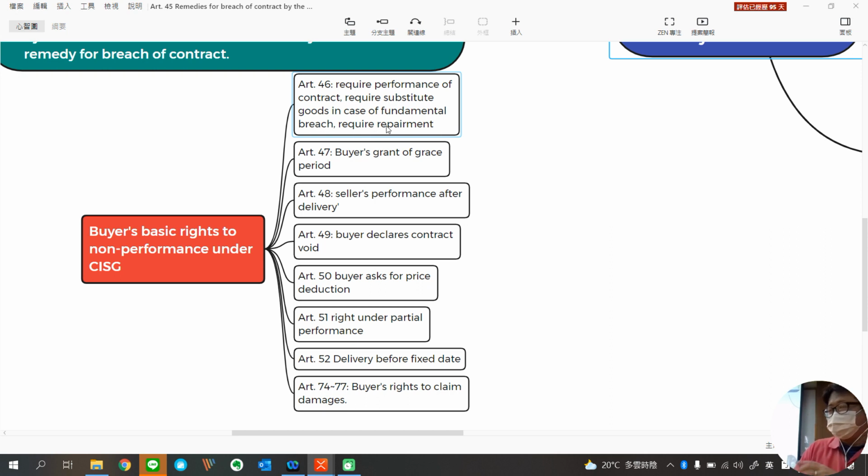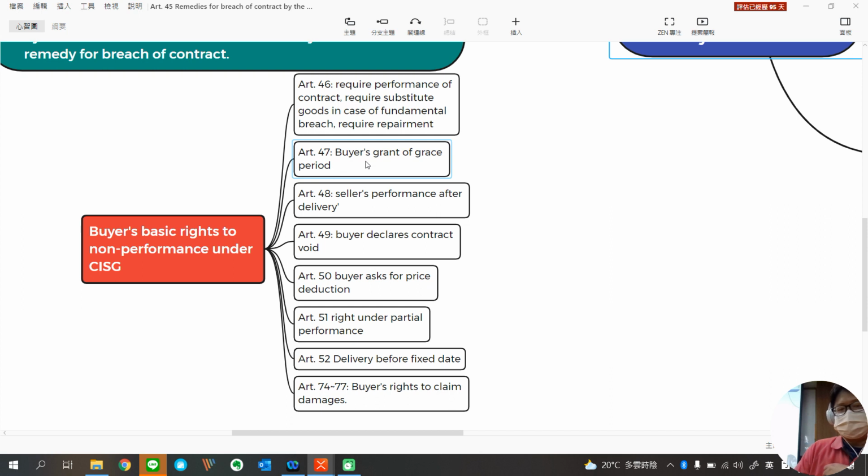Article 64 we will talk about later. But firstly, you see there is an order of the buyer's rights: first, performance of the contract; second, substitute in case of fundamental breach; and then repair.